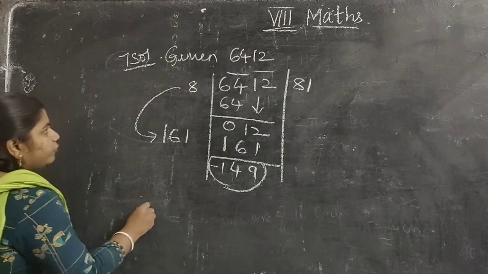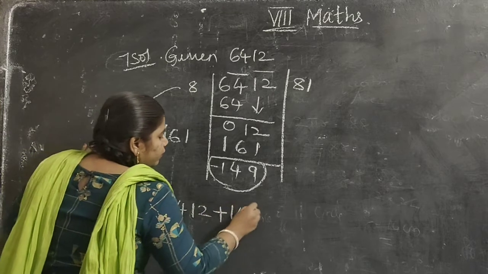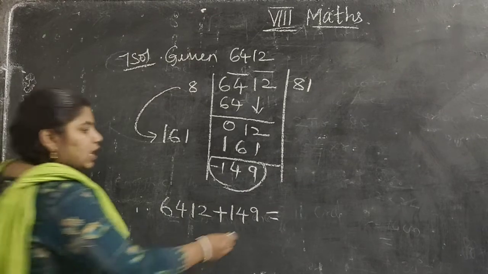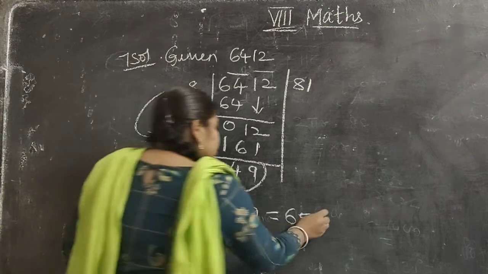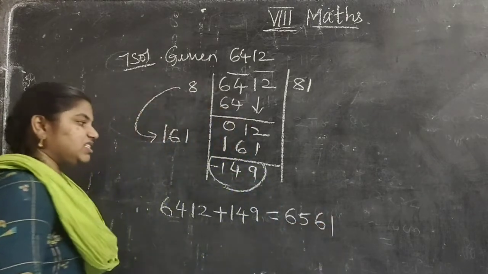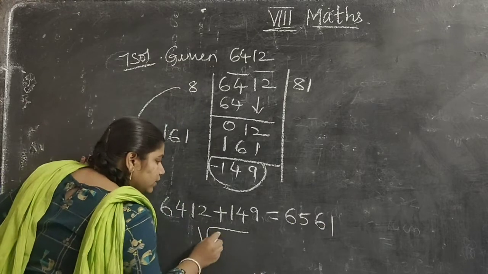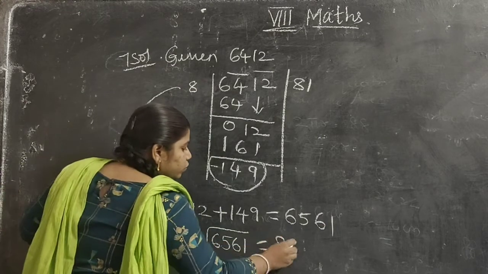So therefore 6412 plus 149 is equal to, how much will you get? That will be 6561. So this 6561 is a perfect square number. If you find the square root of this, that will be equal to 81.